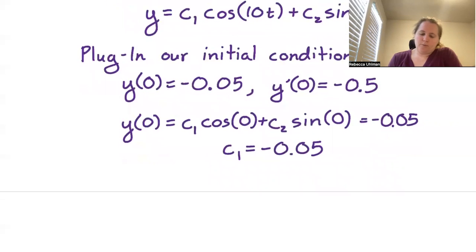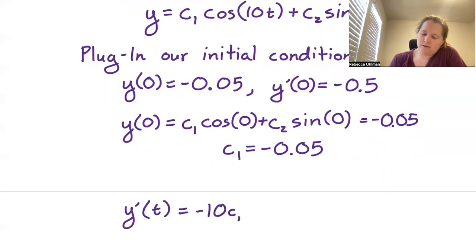If we look at y prime of t, it should be equal to negative 10 C1 times sine of 10t plus 10 C2 times cosine of 10t.